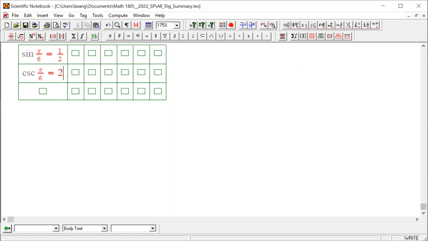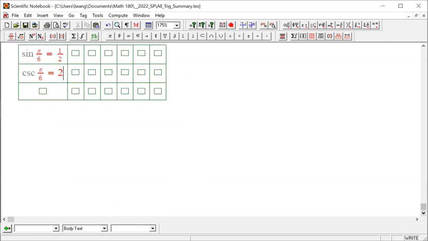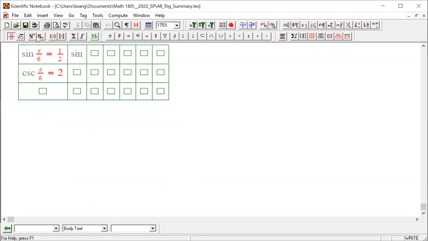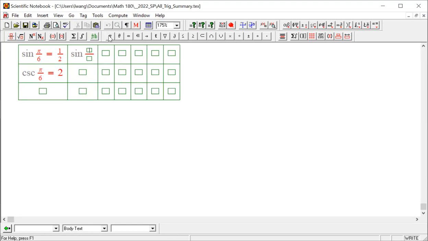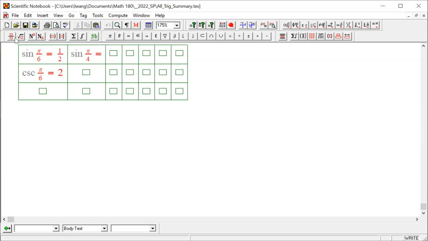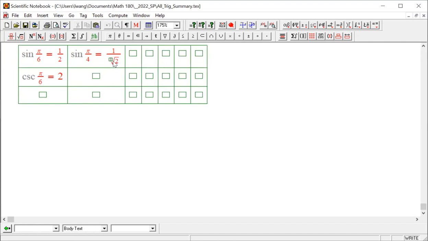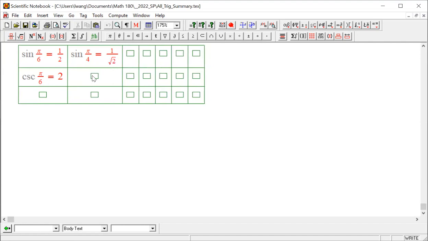So you keep doing this for all of these blue numbers. Let me give you some more examples. Sine of pi over 4 is 1 over root 2. How about cosecant of pi over 4? That's going to be root 2.